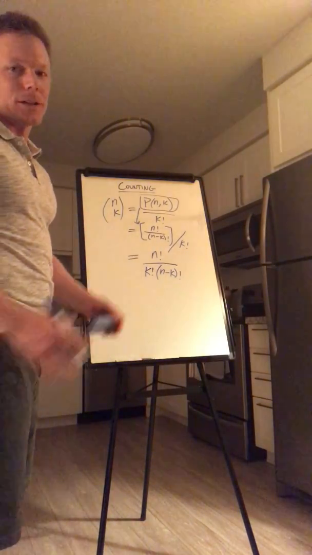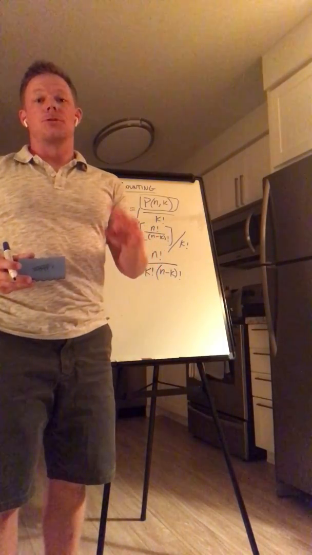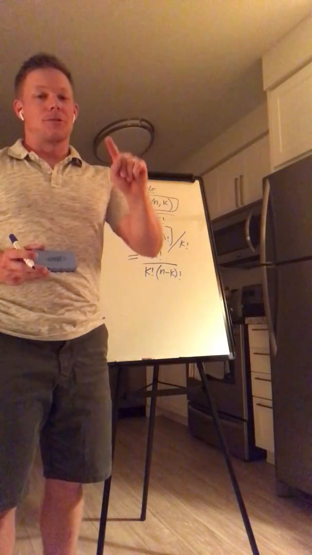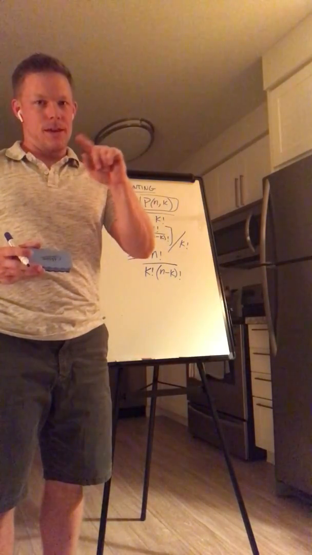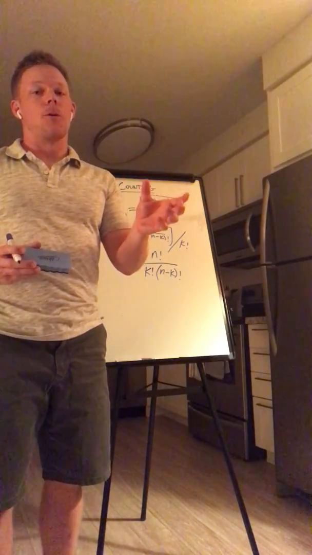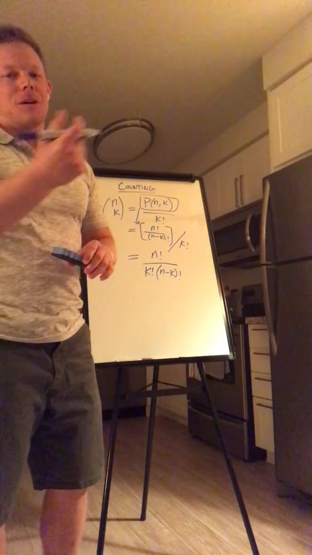Let's just test it real quick. Let's test it on our 4 choose 2, because we said 4 choose 2 should equal 6, right? We said if we were talking about order matters, which is a permutation, P(4,2) was equal to 12. Then we said, okay, we want order to not matter, and we derived 6 because we were double counting each of those.